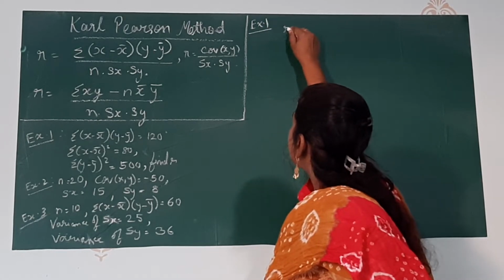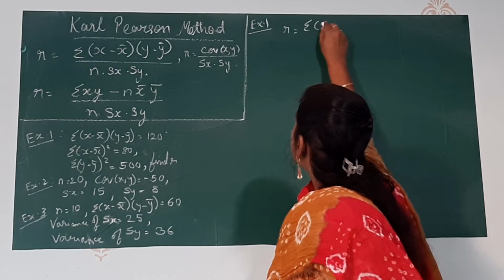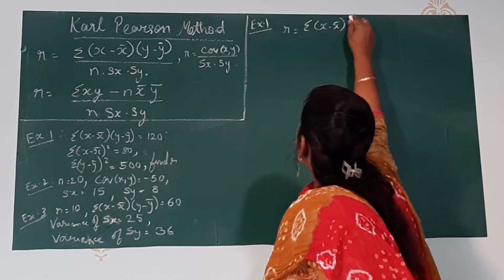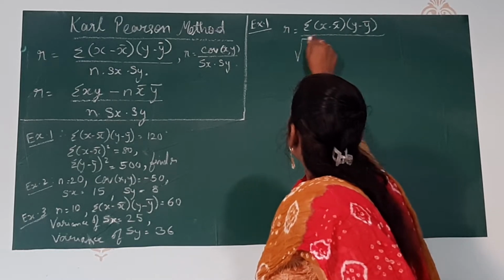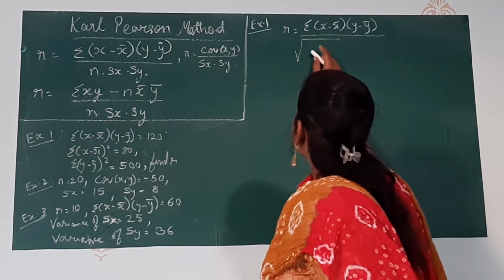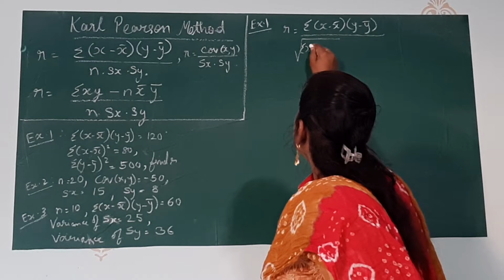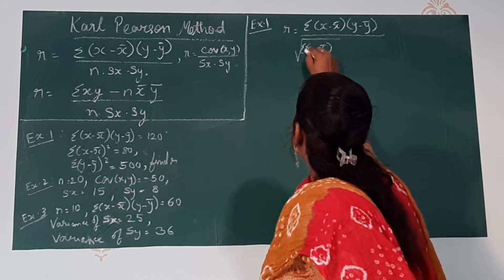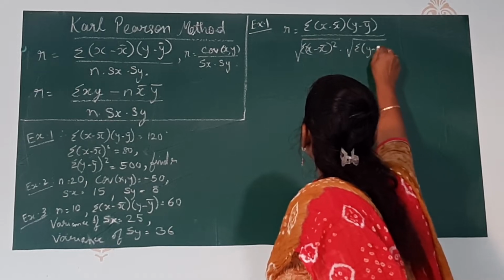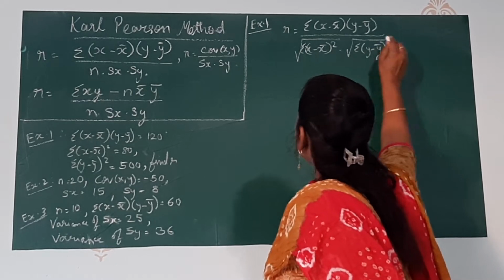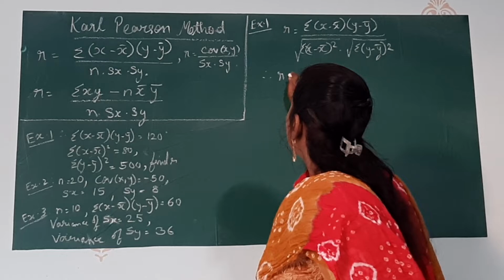Solution: r equals sigma (x minus mean) into (y minus mean) upon under root sigma (x minus mean) the whole square into under root sigma (y minus mean) the whole square. Now put the values.